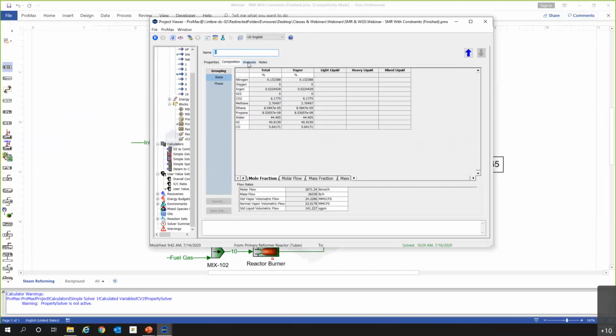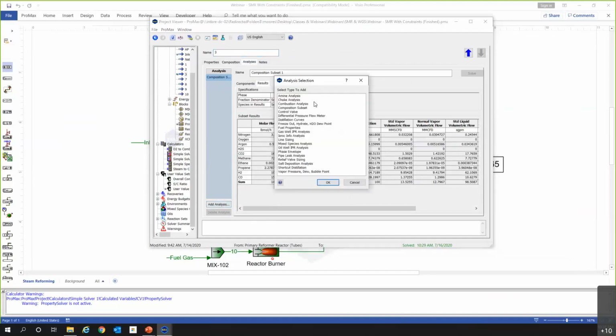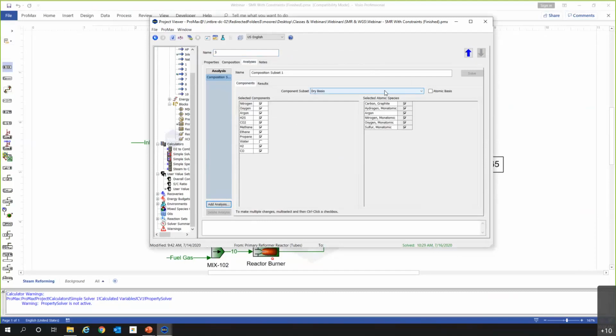So what we did is we ran an analysis. In our analysis, you can choose a composition subset and remove the water and then recalculate the mole percent. So that's what we've done here. And that is how we're calculating our methane slip. All methane slip is just the unreacted methane in the reactor effluent.